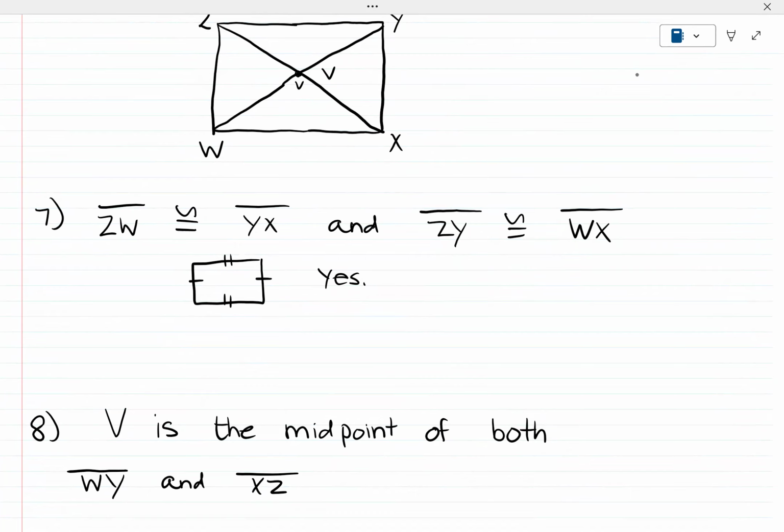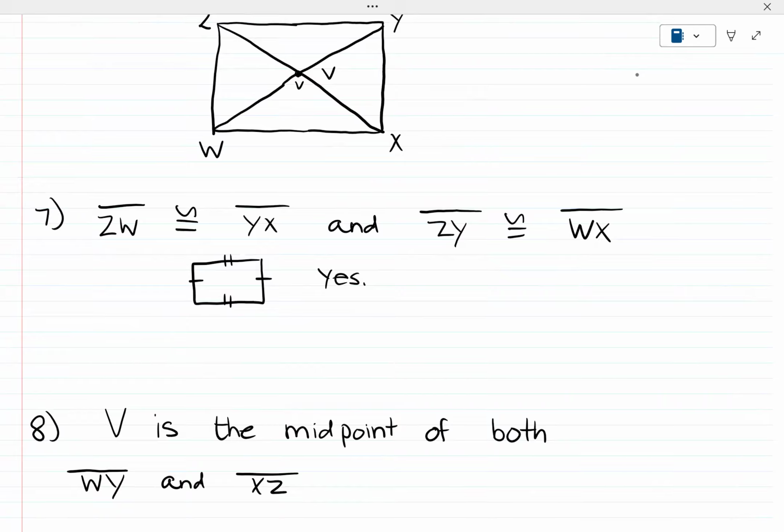Is V the midpoint of both line segment WY and line segment XZ? Yes, I believe so. Yes, since diagonals bisect each other.